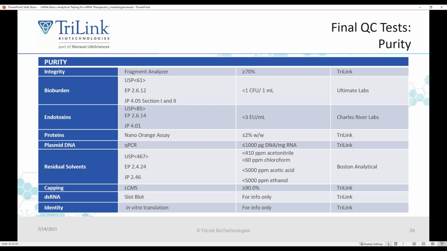So best case scenario for bioburden, at less than 1 CFU per mL, you're consuming 9 mg of product at a 1 mg per mL concentration. Now, as you increase your stringency on your specification and you increase your concentration, you're going to really drive up the consumption of that product.